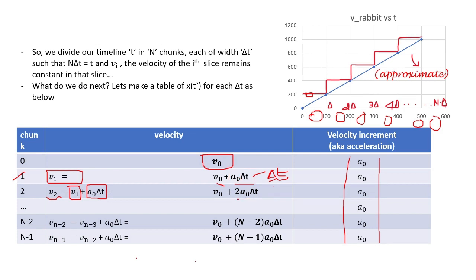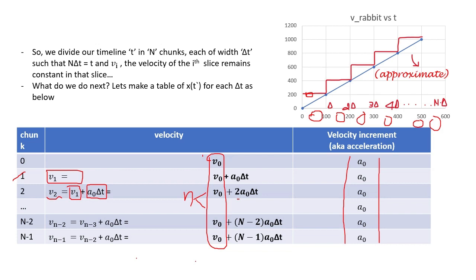Let me erase this. So here we have all the terms. How many of them do we have here? If you count them, you're starting with 0 and ending at n minus 1. So you have n of these terms, n v naughts, right?